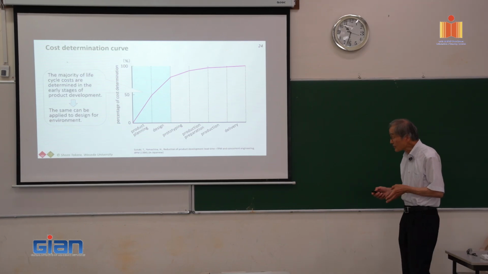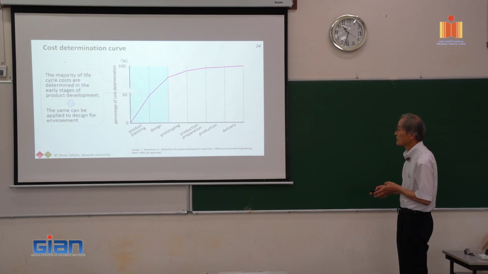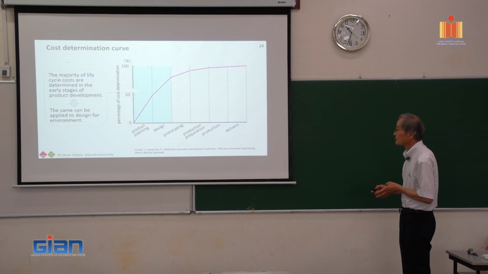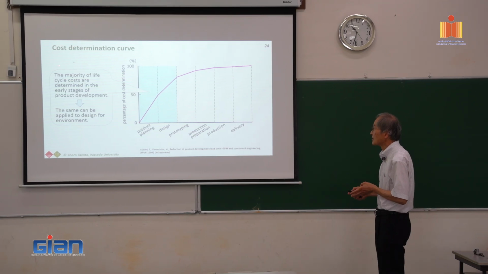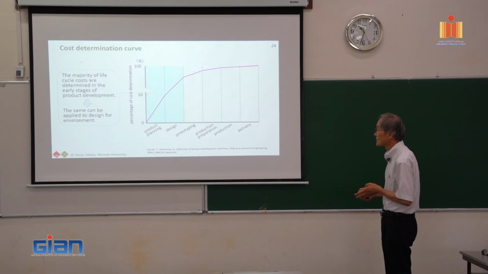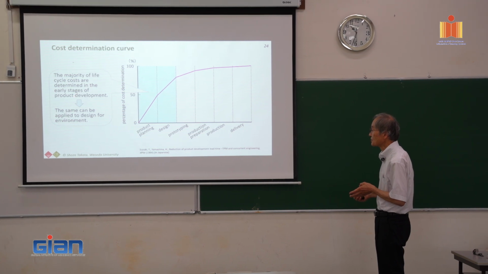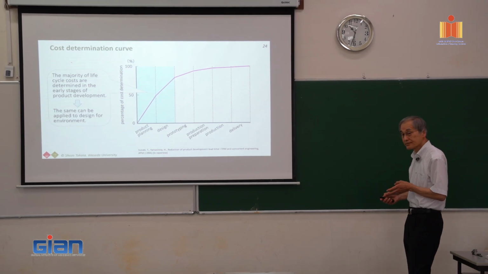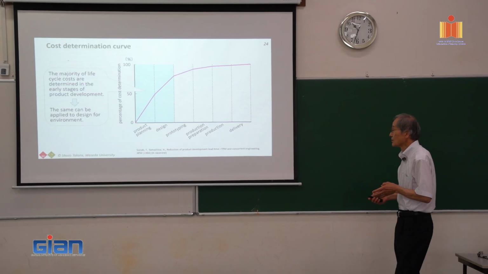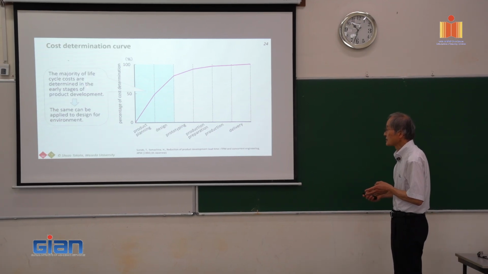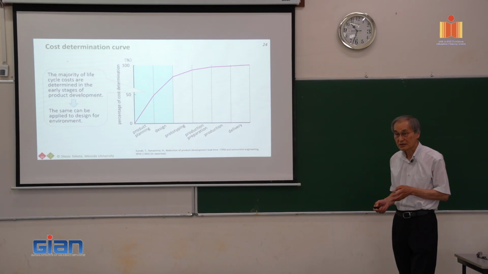This is a well-known chart that means the majority of life cycle costs are determined in the early stage of product development. So this is the case of the cost, but the same concept can be applied to design for environment.